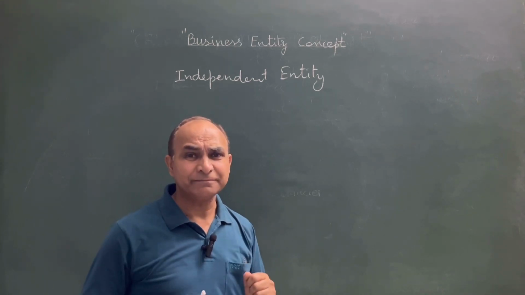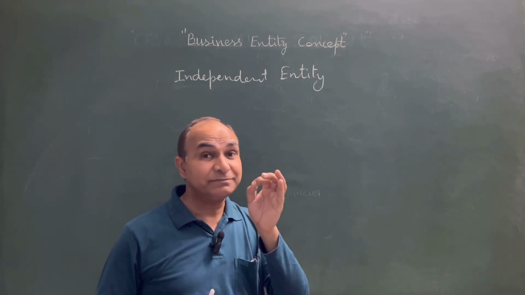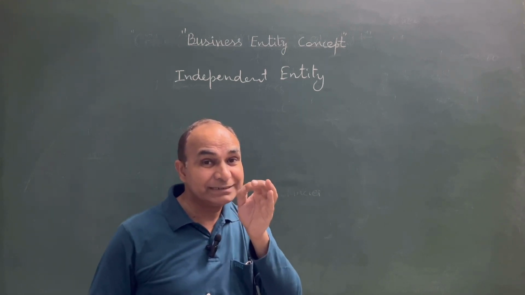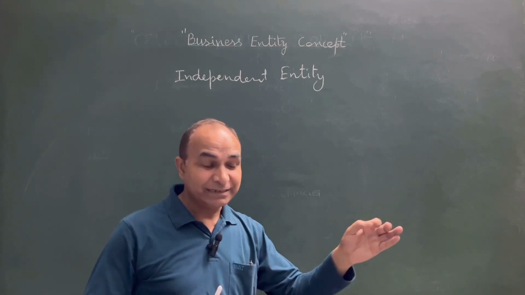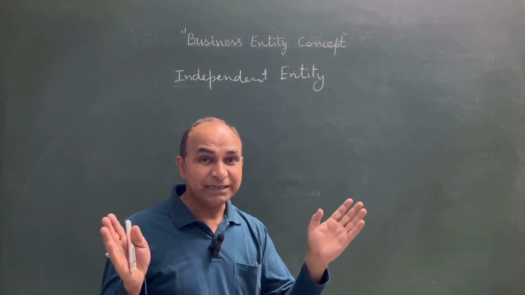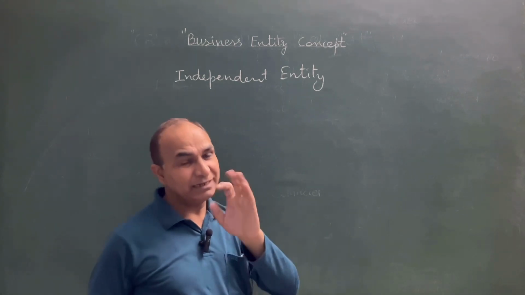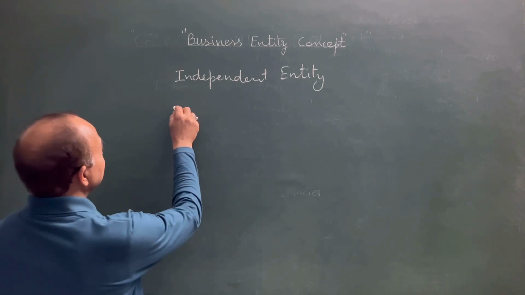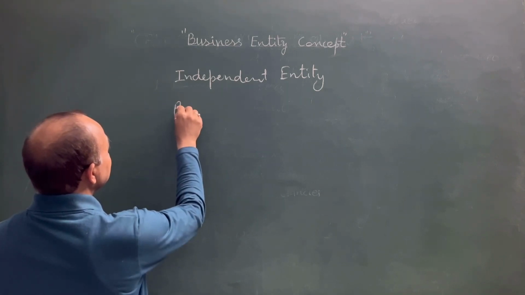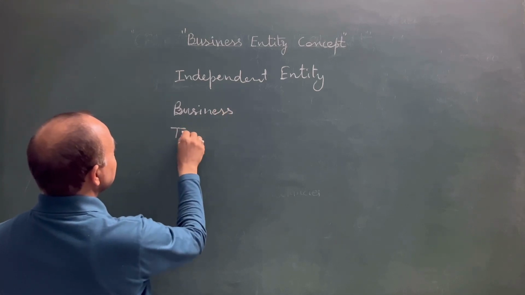What does it mean? It simply means that the books of accounts of the business are maintained separately, and any personal transaction of the businessman is not mixed up with the transactions of the business. I write it here. Please understand. On the one hand, there are business transactions.